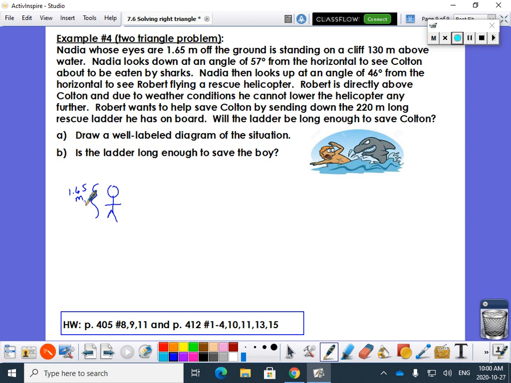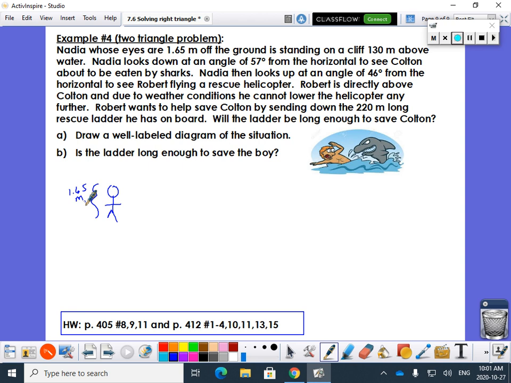Nadia looks down at an angle of 57 degrees from the horizontal to see Colton about to be eaten by sharks. So this is the cliff. The cliff is now 130 meters to the water, and she's looking down from the horizontal to Colton, who's over here somewhere about to be eaten by sharks. So right away, guys, I'm going to draw in the horizontal, because it does say that she looks down at an angle of 57 degrees from the horizontal to see Colton.